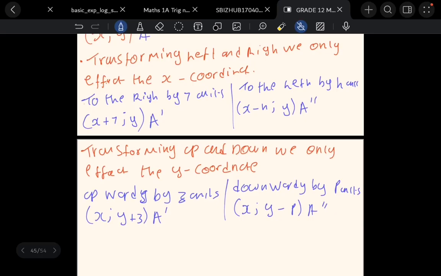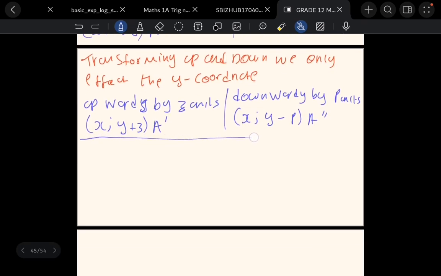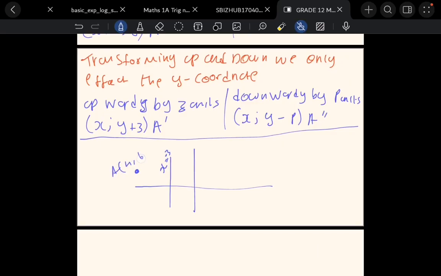What about reflection? Now, to reflect something about a line, you need its distance, which is the horizontal distance. You understand? I'm just going to make an example here. Let's say this is your x-axis, and then you say this is a line, x is equal to 3. And then we have a coordinate, A, which is negative 4, 6.